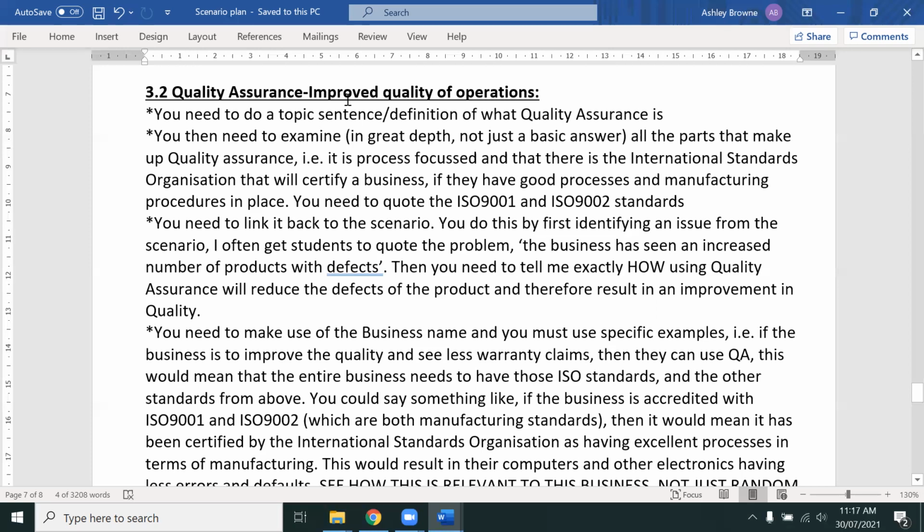Because it gives better diversity in terms of your answers, and it shows the marker you know what you're doing. But don't go and do something that is going to be a strategy that's kind of useless, that doesn't really link. All right. So in terms of this thing here, once again, same format: topic sentence, definition of what quality assurance is.